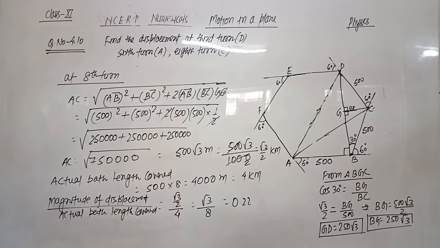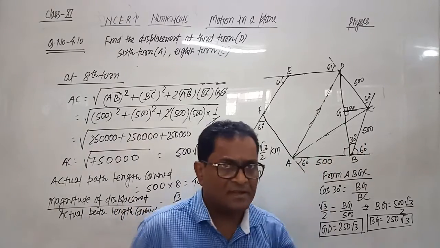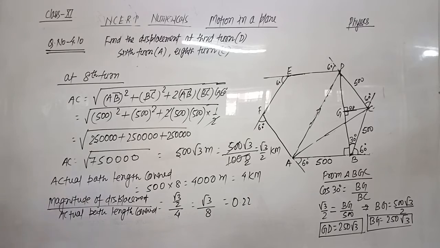Now we calculate the direction. What is the direction of the resultant AC when the motorist is at the 8th turn?